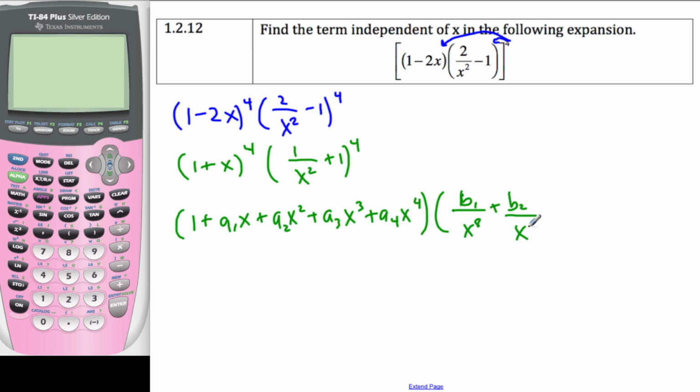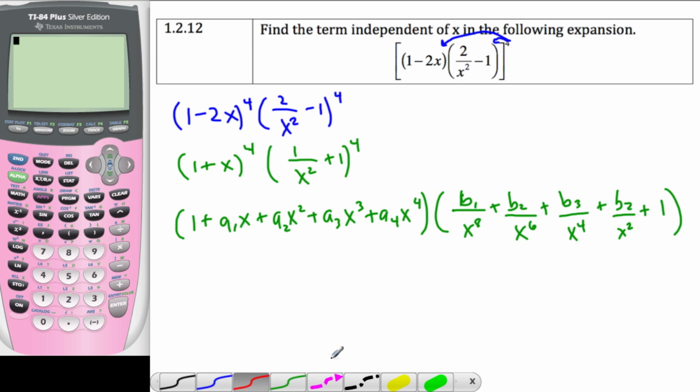And we'll keep going down. This will be 1 over x to the fourth plus 1 over x squared, and then the final one will be 1 to the fourth, which will just be 1.